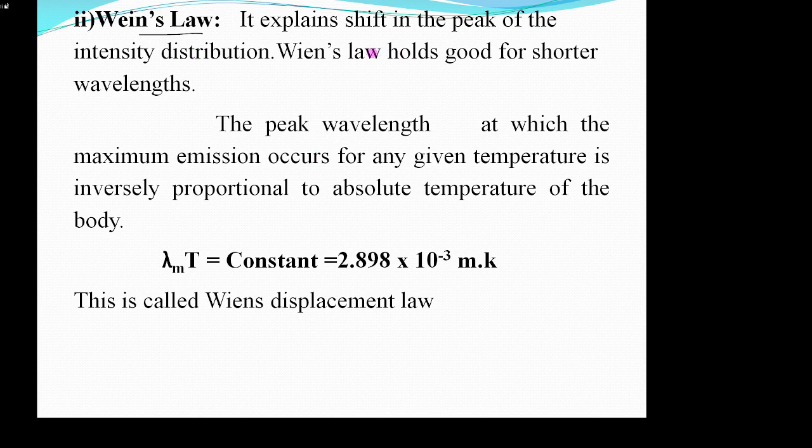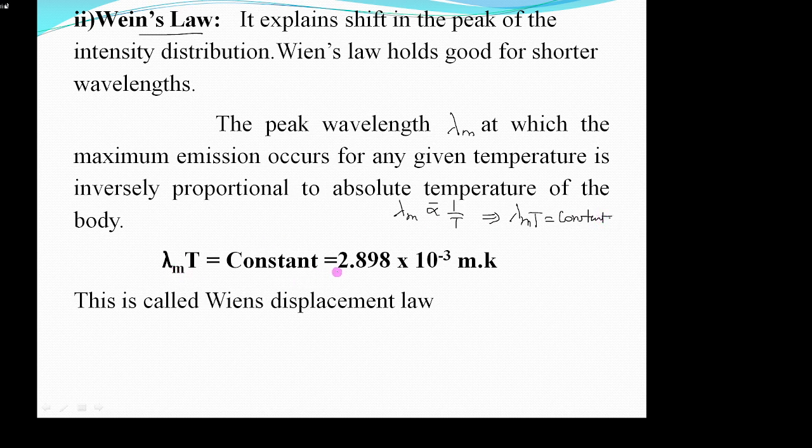Okay. Now Wien's law holds good for shorter wavelengths. It says that the peak wavelength lambda m at which maximum emission occurs for any given temperature is inversely proportional to absolute temperature. So lambda m is inversely proportional to T, which I can write as lambda m T is equal to constant.